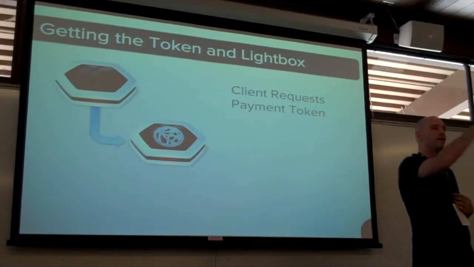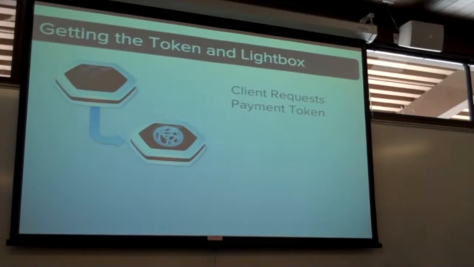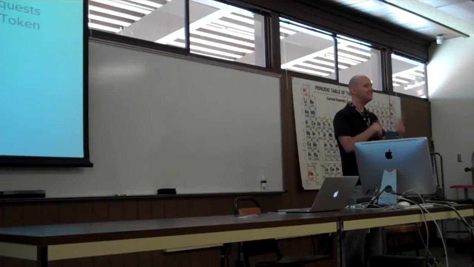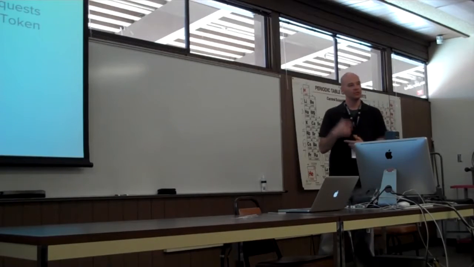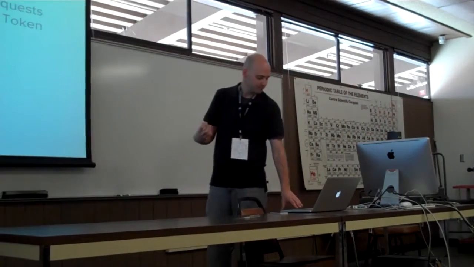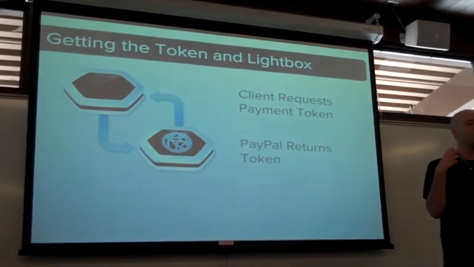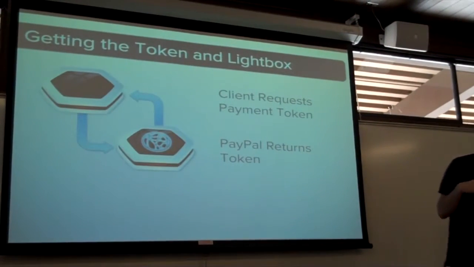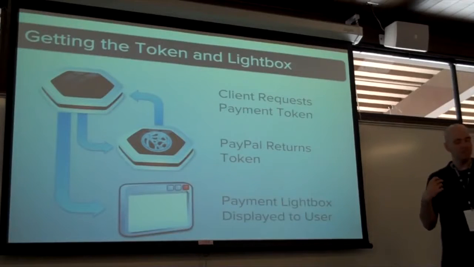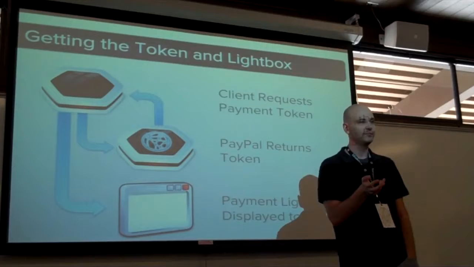So the request is made to PayPal servers, and then if it's a valid application credentials, that token will be produced back. The client can then utilize that token to initialize the digital goods lightbox experience, where you can log in and you can actually make your payments. Once that full experience is done, that's everything that we need to display the lightbox itself. So the lightbox is displayed to the user, allowing them to enter in their credentials.